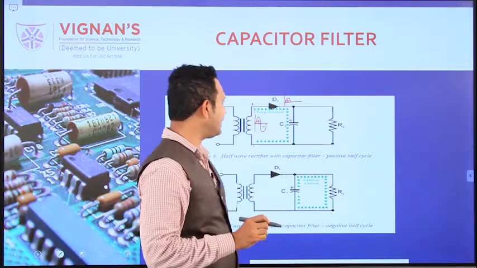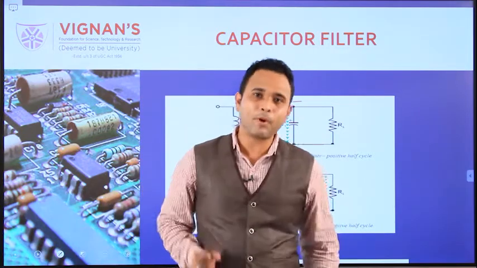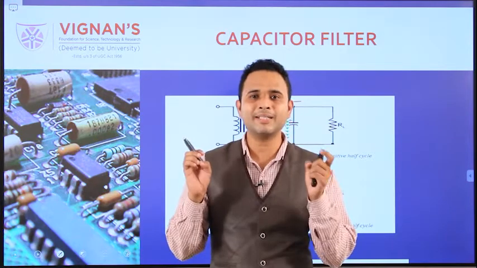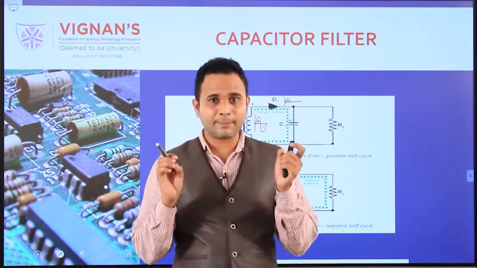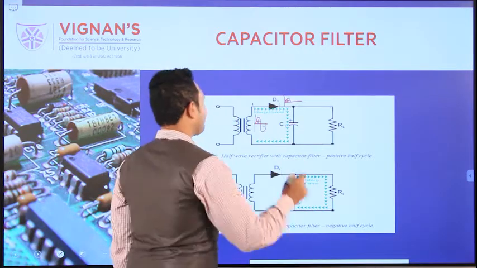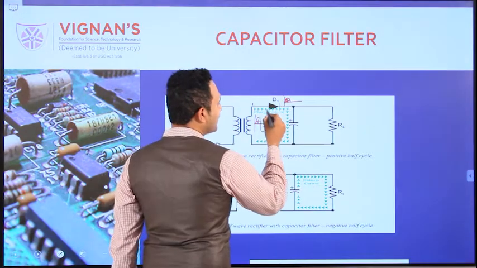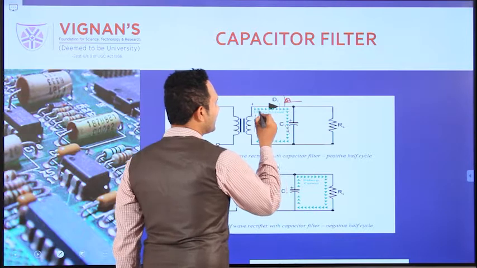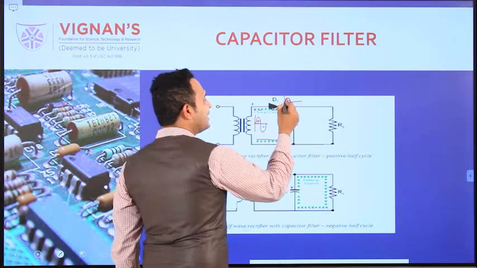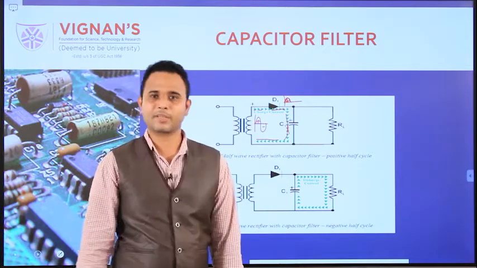Another important point is that the capacitor does not allow sudden change, right? For the positive peak, the capacitor goes to charging. That's why the arrow mark comes like this.